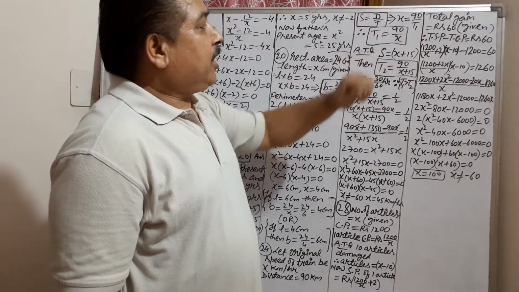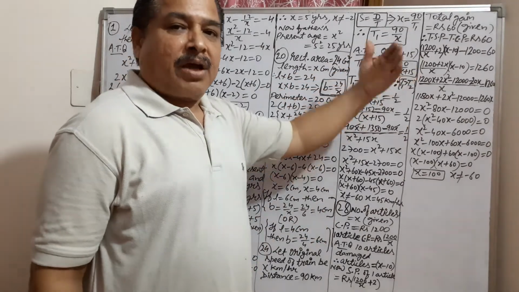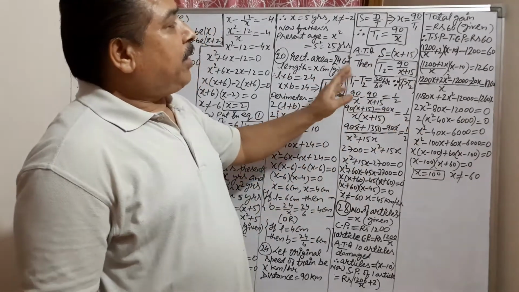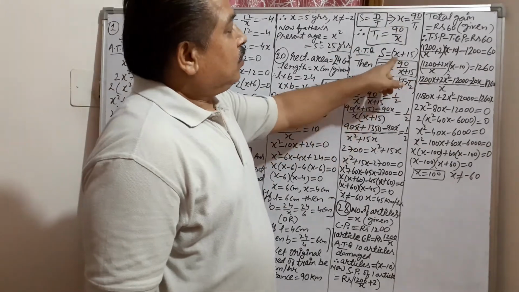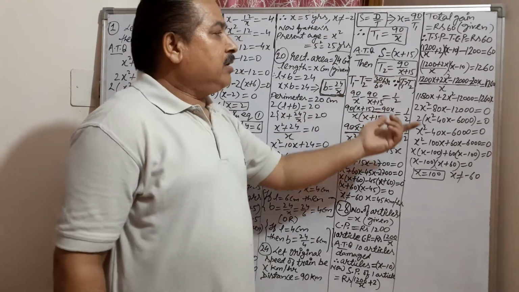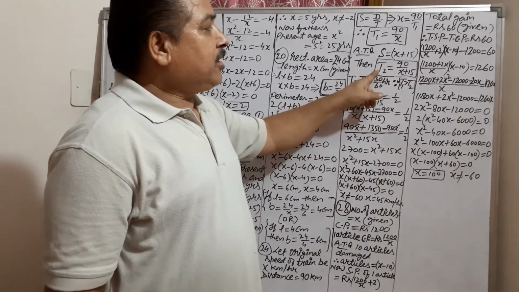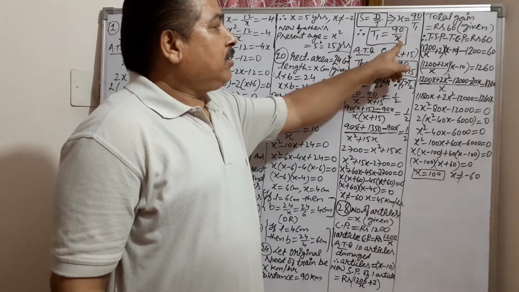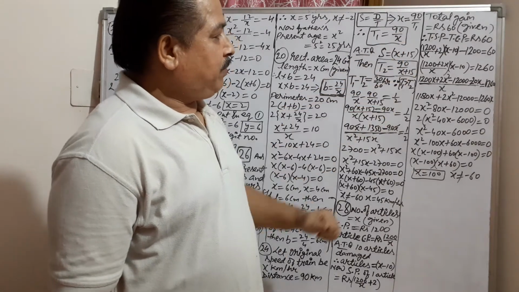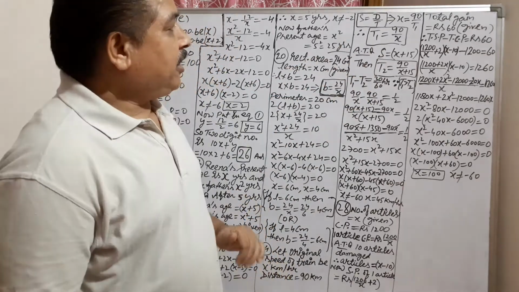So T1 is equal to 90 upon x. Next, the speed has been increased by 15 km per hour, so speed is x plus 15. Now the time will also change, so you take T2. T2 is 90 upon the increased speed, x plus 15. So these are the two timings of the train.